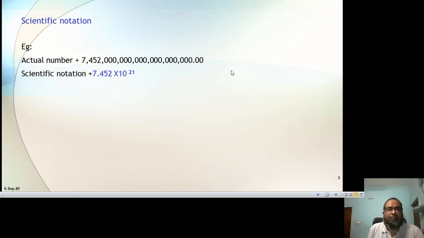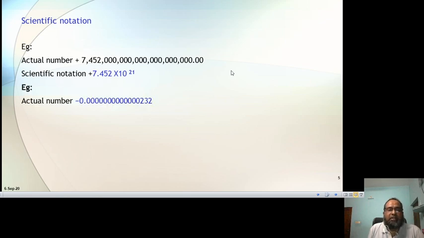Here you can see a very huge number that is converted into scientific notation with a single digit on the left side of the decimal, that is 7.452 into 10 raised to 21. It is in the form m into b raised to e, where m is the mantissa. Here it is 7.452, then base is 10 and the exponent is 21.